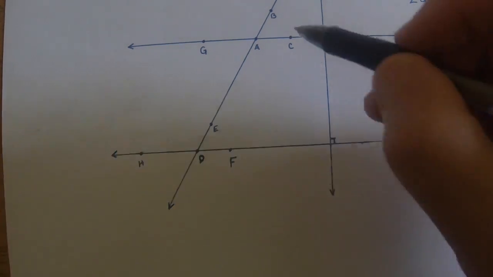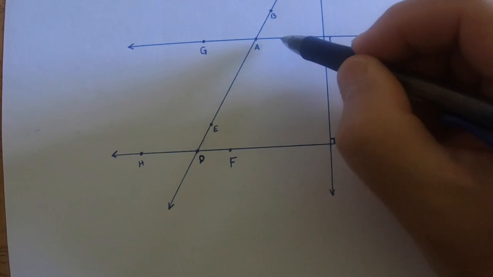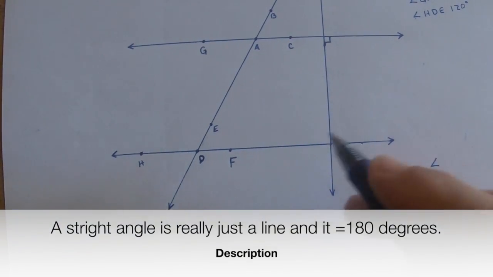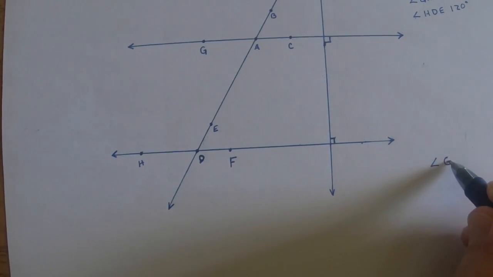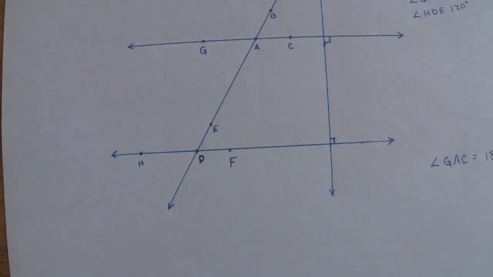So if angle CAG is a straight angle, let's call it angle GAC, okay? We like to read from left to right. GAC equals 180 degrees, which is a straight line. A straight angle, we call that, even though it's really not an angle at all, is it?